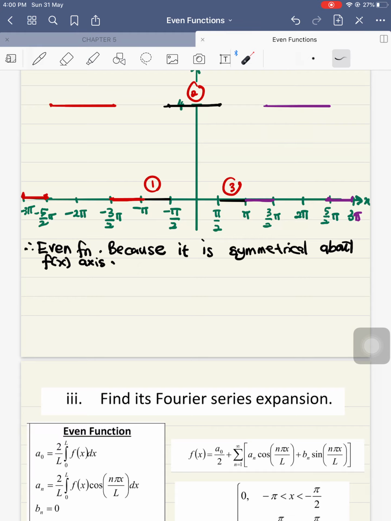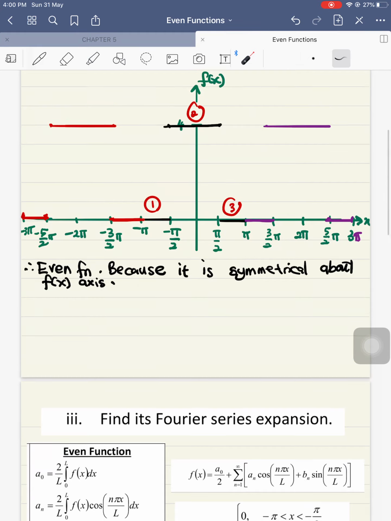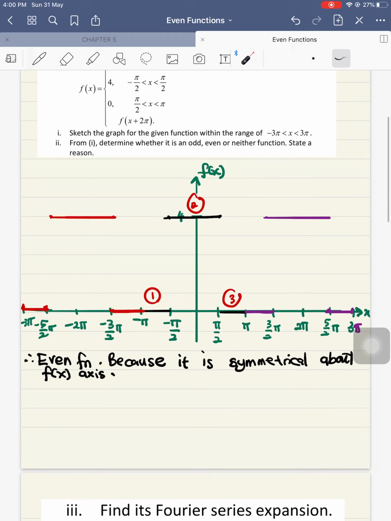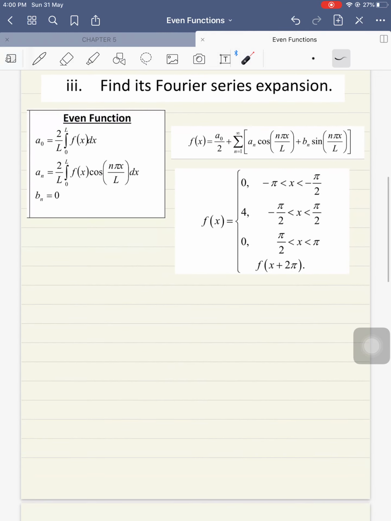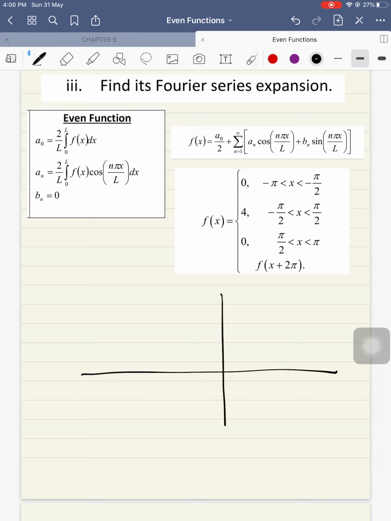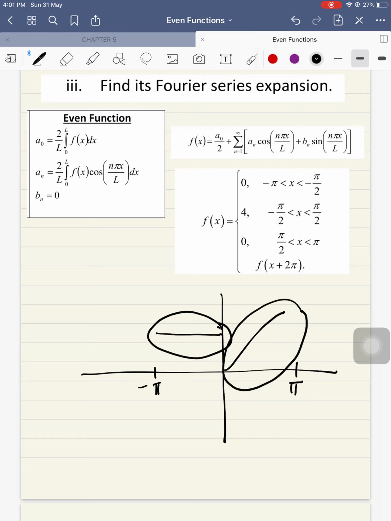But when we deal with the neither function, let's say this is your graph, this one and this one, so this is a neither function. That's why you need to consider from negative pi until pi. Why? Because it is not symmetrical, so you need to consider this function and also this function.